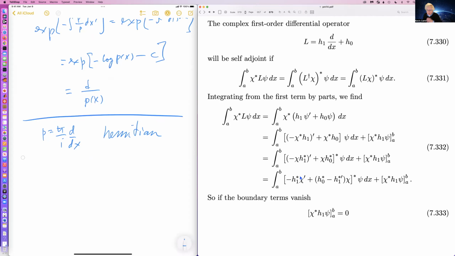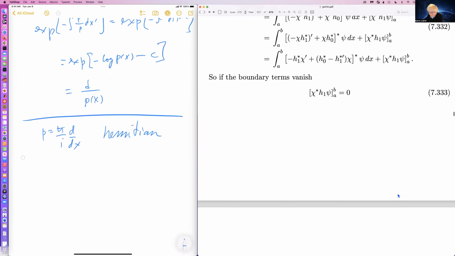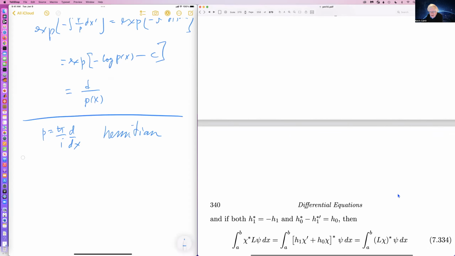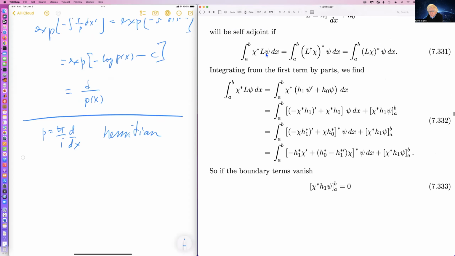When we've integrated by parts twice, if we assume the boundary terms vanish, we want this to be an L here, because we've got L psi, so we want this to be L chi.